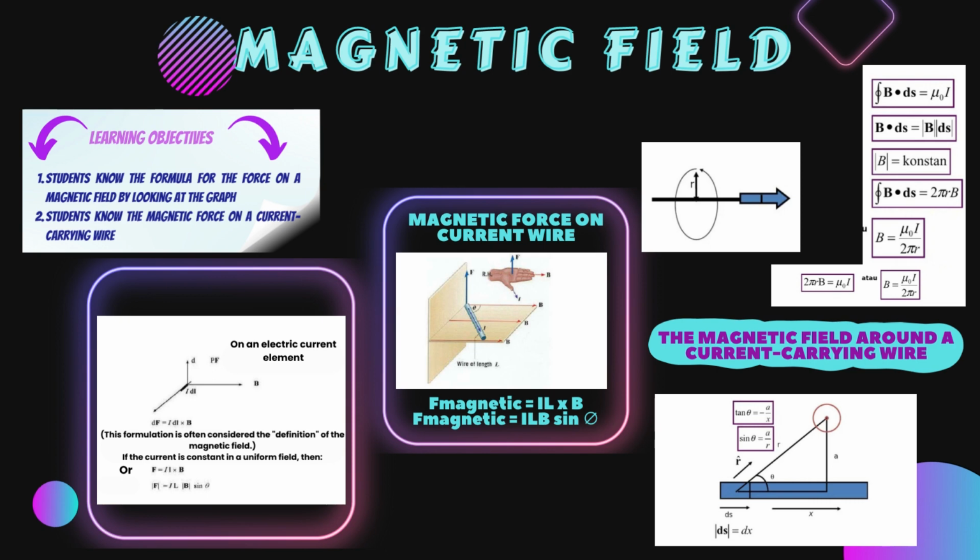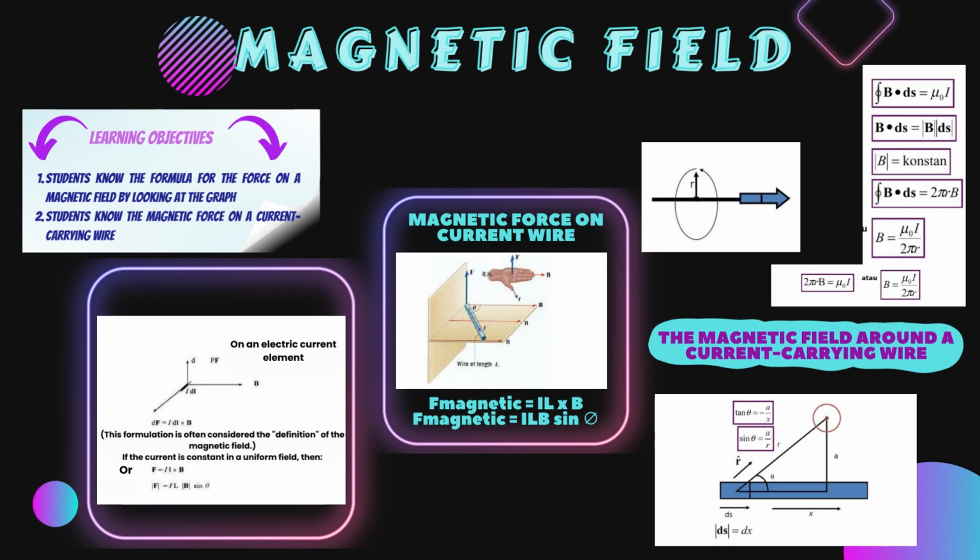In the second figure, we can see the magnetic force on a current wire. This uses the right hand rule. It also uses variables: F is the magnetic force, B is the magnetic field, I is the electric current, and L is length.